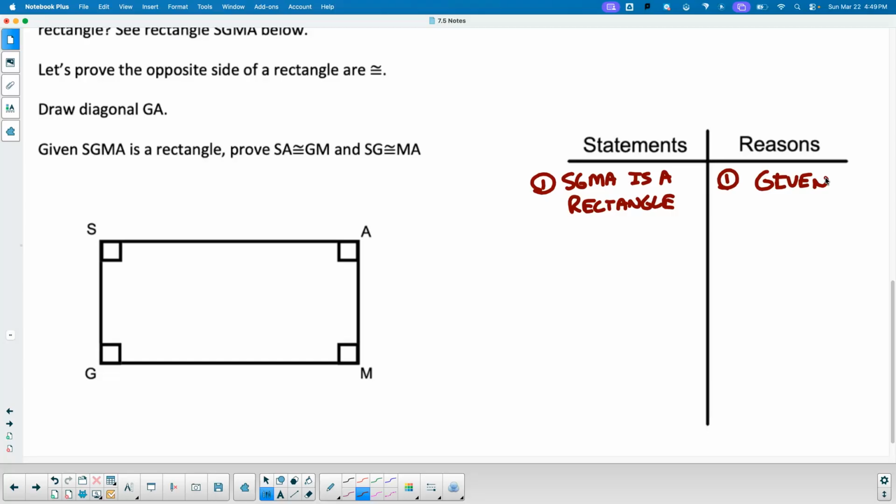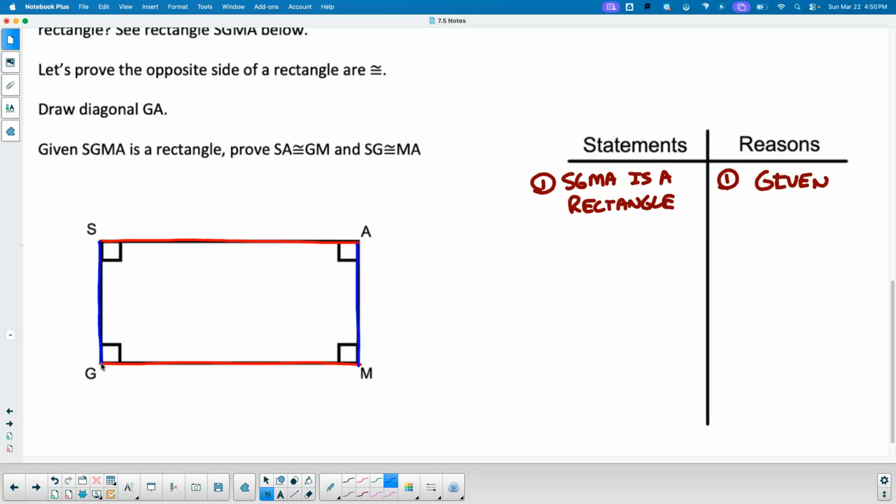Okay? We want to prove that side SA, we want to prove that this side here, SA, is congruent to side GM. And we also want to prove that AM is congruent to SG, or MA. Okay.